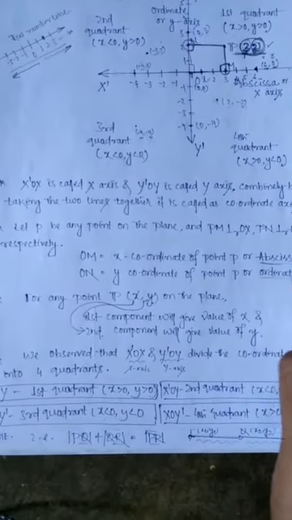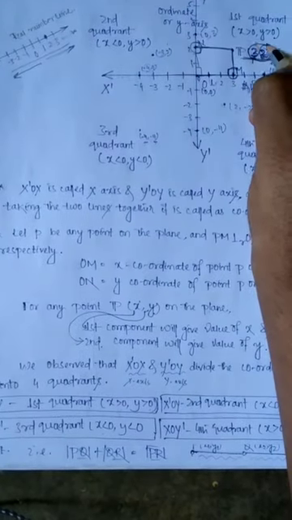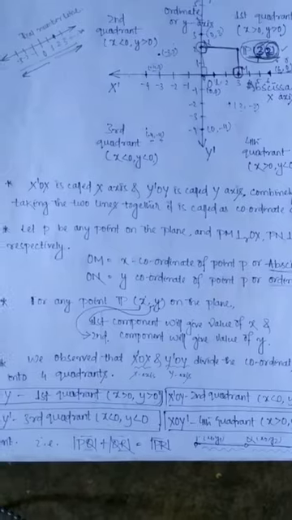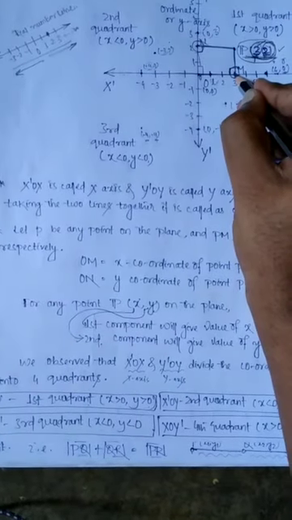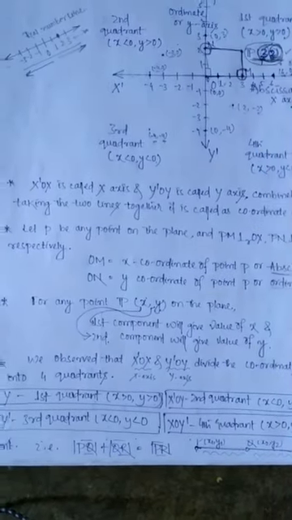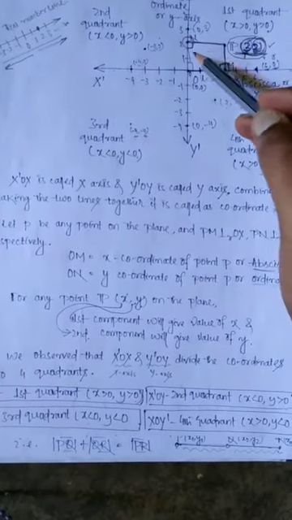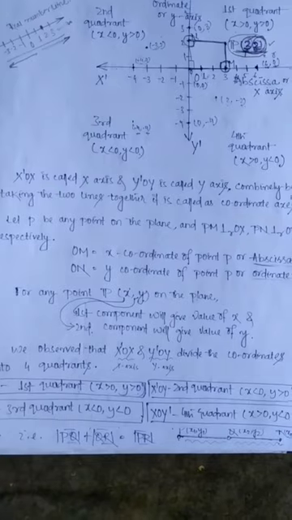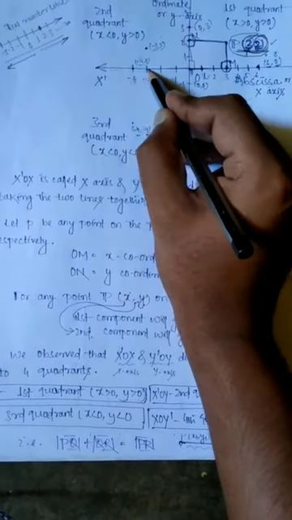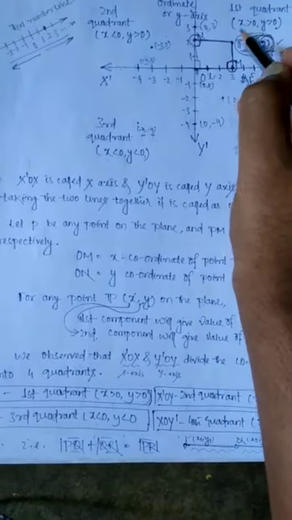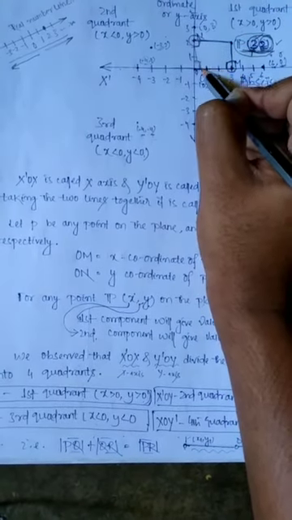So for the point P here, 3 is the abscissa because it lies on the x-axis, and 2 is the ordinate because it lies on the y-axis.